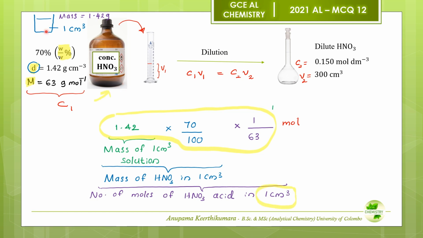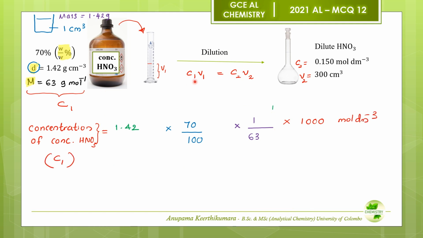Now we have calculated the number of moles of nitric acid present in 1 cubic centimeter of this sample. But concentration is the number of moles of nitric acid in 1000 cubic centimeters, or the number of moles of nitric acid present in 1 cubic decimeter of the sample. Therefore, we can multiply this value by 1000 to get the concentration of this conc nitric acid sample.